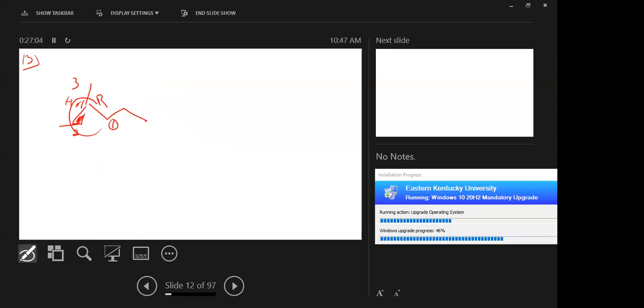So we know R is going to be our designator. And at the 3 position, 1, 2, 3, we have a methyl group. So it's 3R methyl hexane. And it's hexane because we have a 6 carbon group, right? We have 1, 2, 3, 4, 5, and then 6.